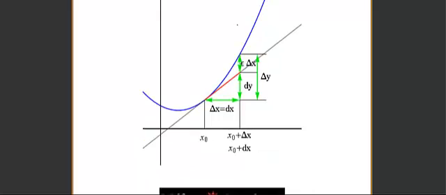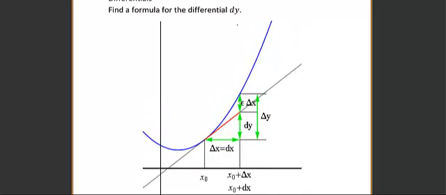With the basic idea, we have increments, and increments will usually be represented by delta. So delta x would be an increment in x, delta y or delta f would be an increment in the function value or the y value. Usually they're the same.